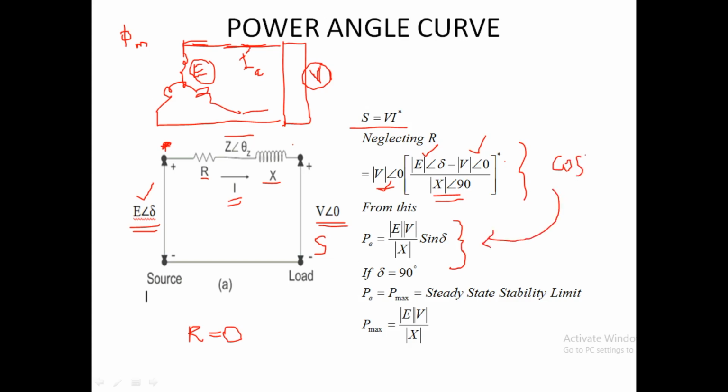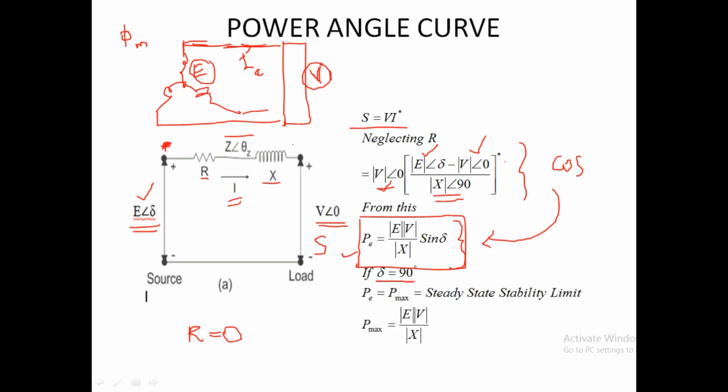So when we take the cos component, here it will be |E||V|/X into cos of (90−δ), which becomes sin δ. So EV/X into sin δ, and the second part, cos 90, will be 0. So this is our expression for power output, P equal to EV/X into sin δ. This is the expression for active power output at the load terminal.